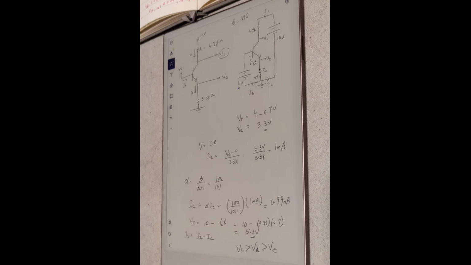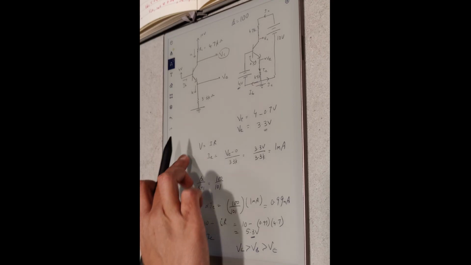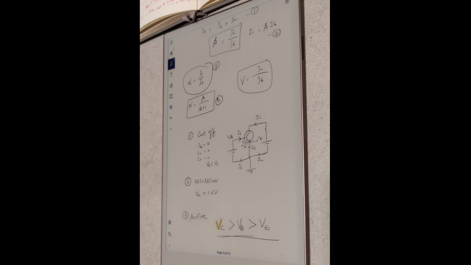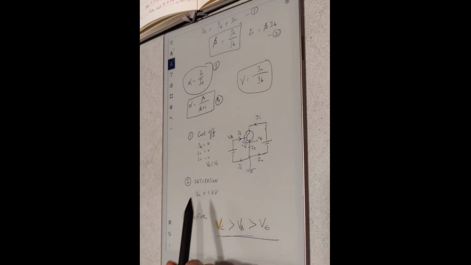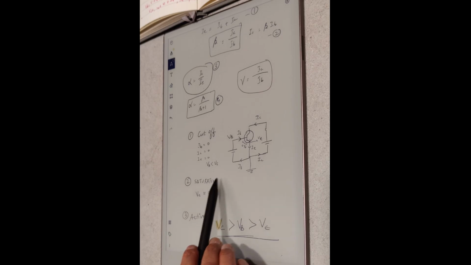In that case, you will need to find out whether you're in the cutoff mode or the saturation mode, and it's actually pretty easy. Cutoff mode is very easy. Whenever the input circuit is reverse biased, you're going to be in the cutoff mode. So if you're not in the cutoff mode and not in the active mode, then you know you are in saturation. I think we'll stop here.